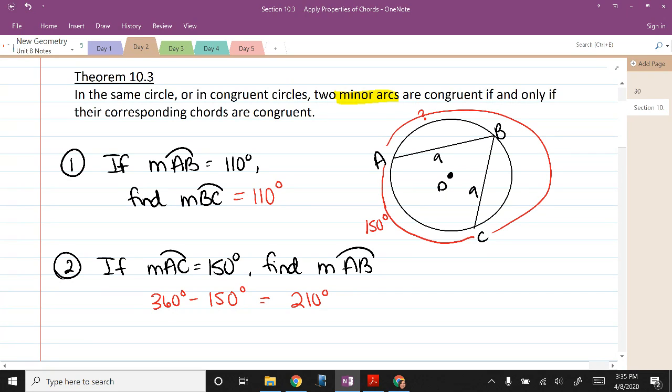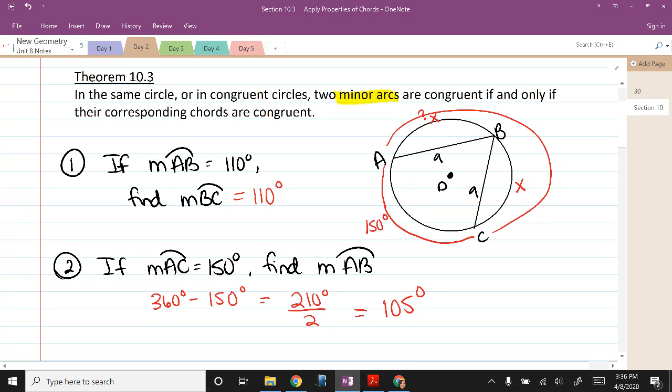Well, I also know that arc AB is going to be congruent to arc BC. So if I take 210 and divide it by 2, then that would tell me that the measures of arc AB and arc BC are each going to be 105 degrees.